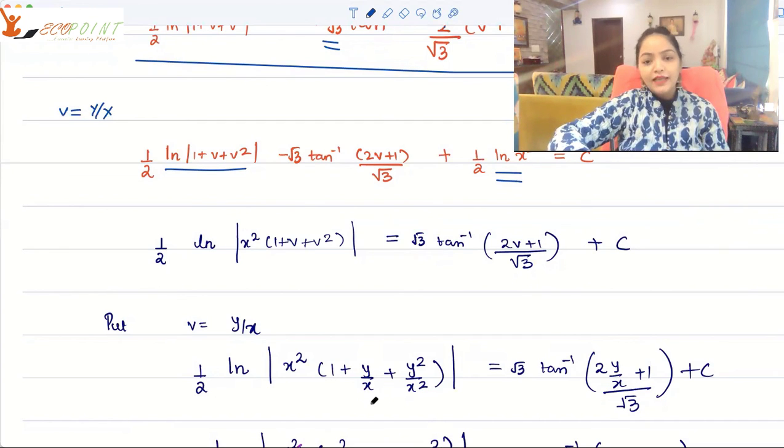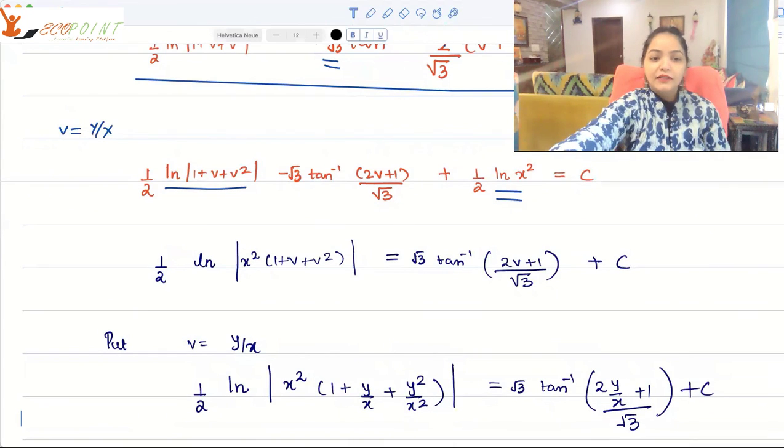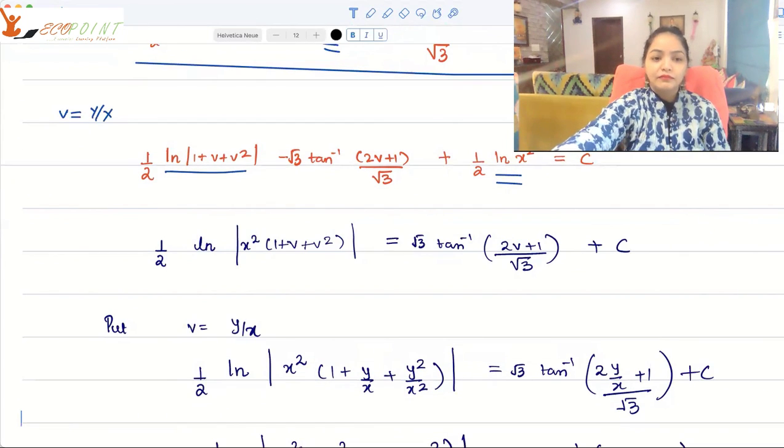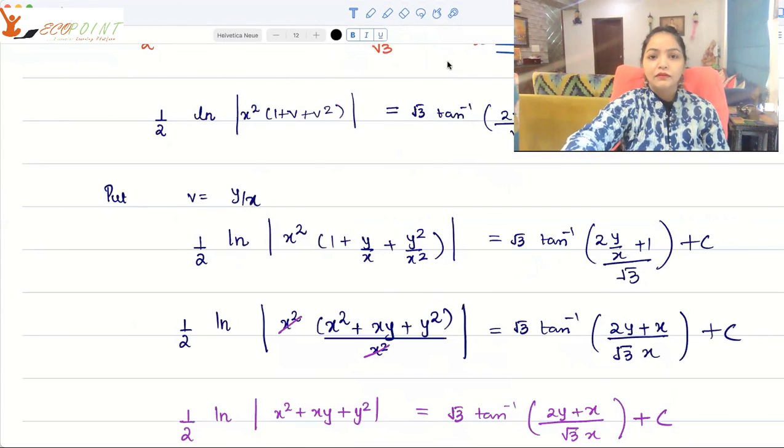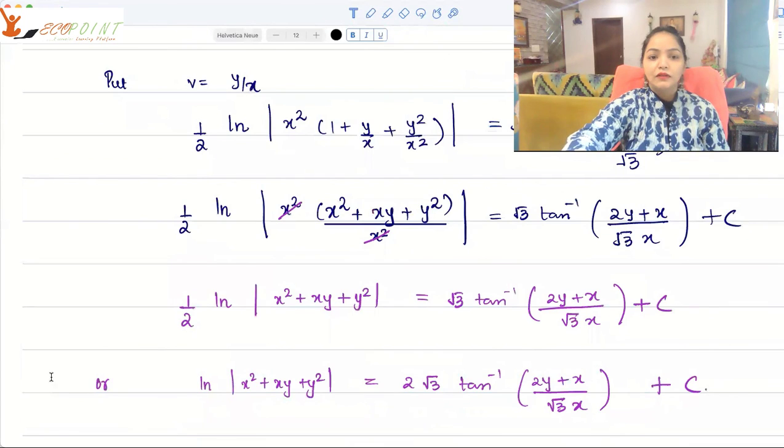And then in the end, you can just substitute y by x equals v, and that will give you finally the answer. Finally, this is what I got, and I guess you shall also get the same answer.